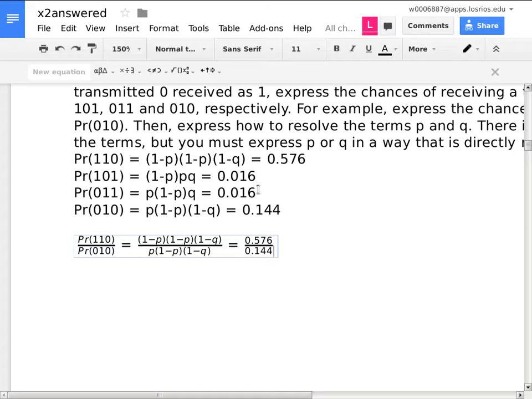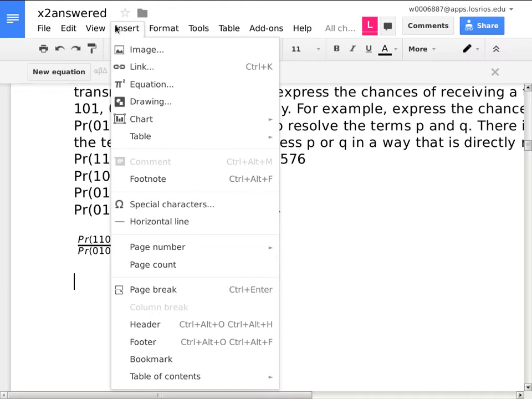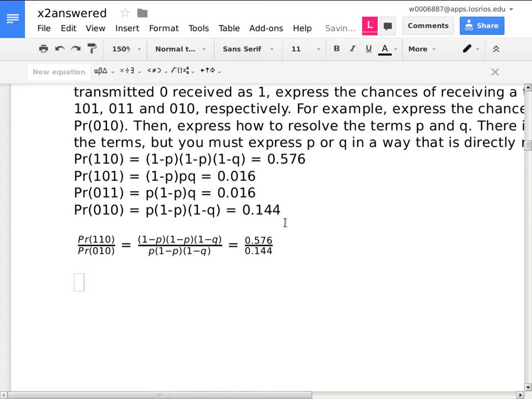So now you can simplify this. I'm going to use the next line to do this part. This is actually harder than using MathJax, the LaTeX representation; it is harder for me to enter. So basically the top becomes like this, because once we cancel out the 1 minus P times 1 minus Q, I only have 1 minus P left as the numerator, and the denominator only has P left.